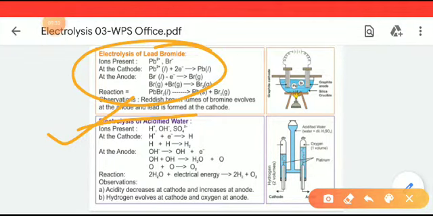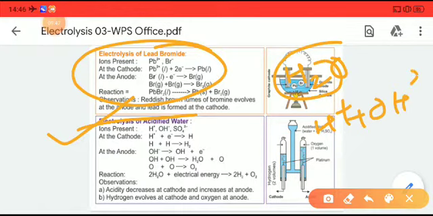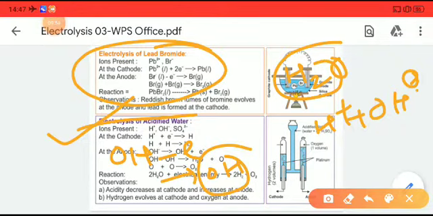As I have said earlier, H2O is a weak electrolyte, though it will give some H plus and OH minus. This OH minus will also act as an anion, and it will also go to the anode, losing 2 electrons and becoming OH, and this OH will be neutral.